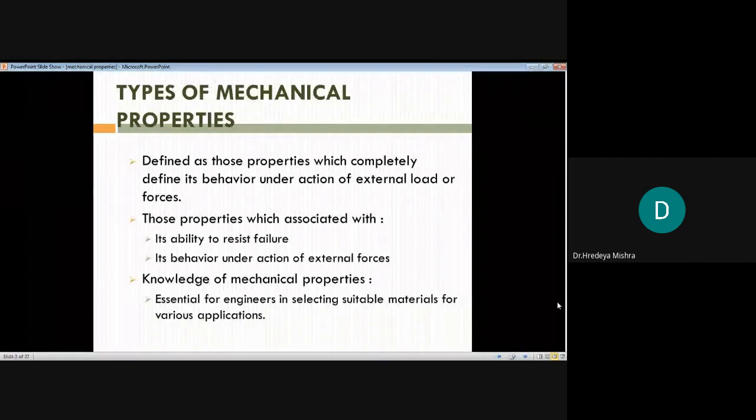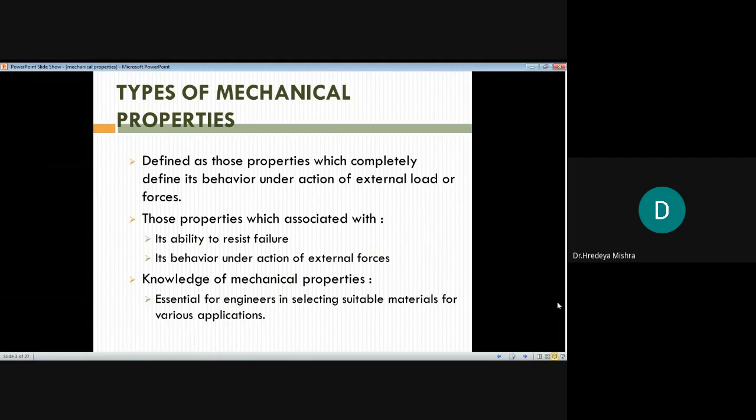Okay, I will tell you an example where fracture is not a failure. Like our blackboard chalk. What is the application of the chalk? To properly write on the blackboard. But if the chalk is broken, fractured, does it mean the chalk has failed? No. Many times we break the chalk and write on the blackboard. But if the chalk does not properly write on the blackboard, that is the failure of the chalk.